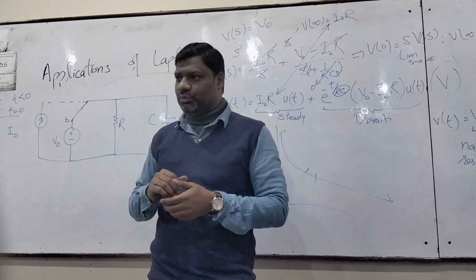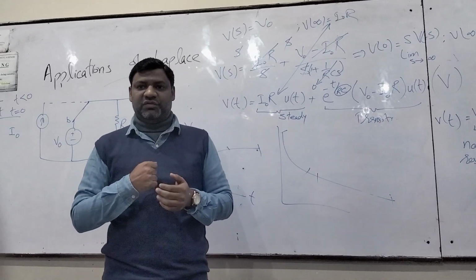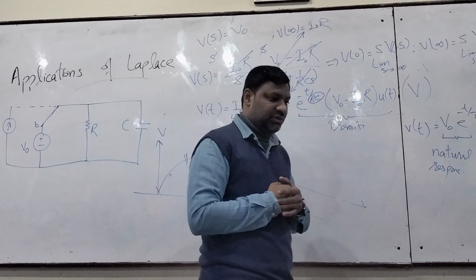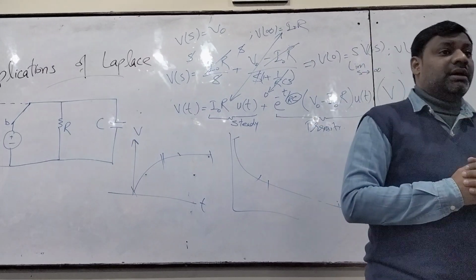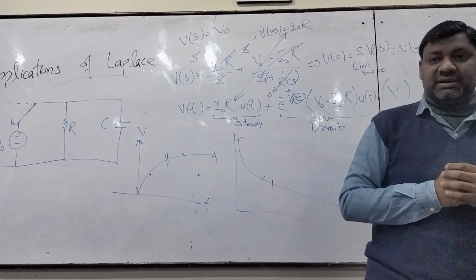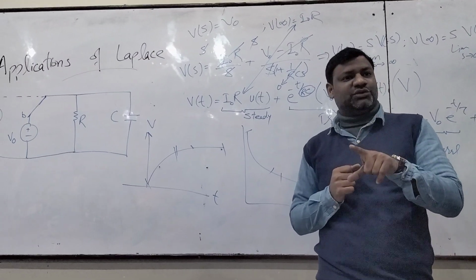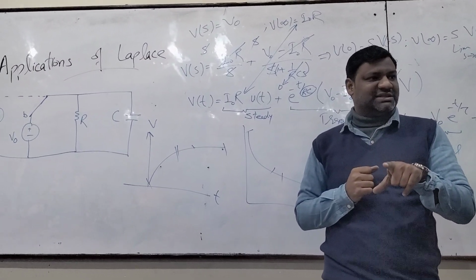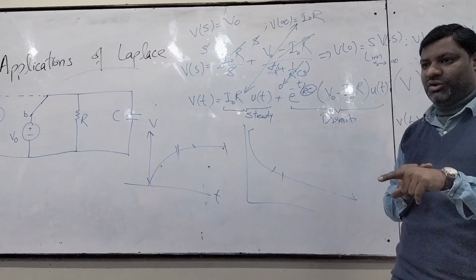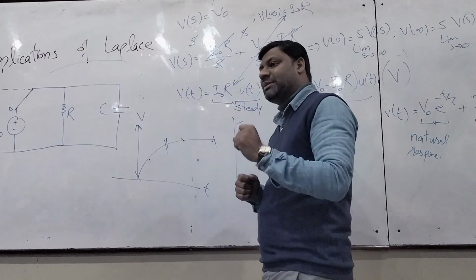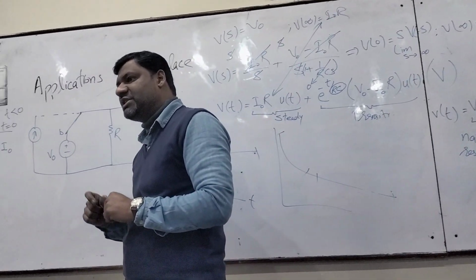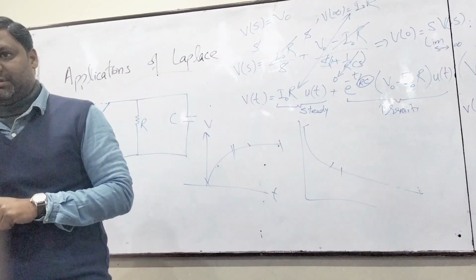We started the discussion with the simplest and most valuable source, the AC source, that was the sinusoid. We transformed that sinusoid into phasor form and saw that by using the phasor form, our mathematical life becomes easy, with V equal to IZ for everyone.